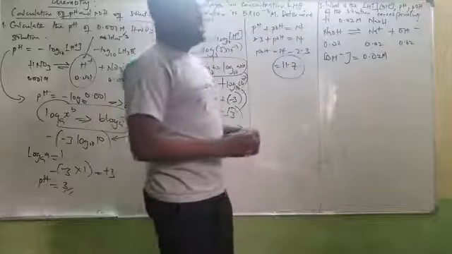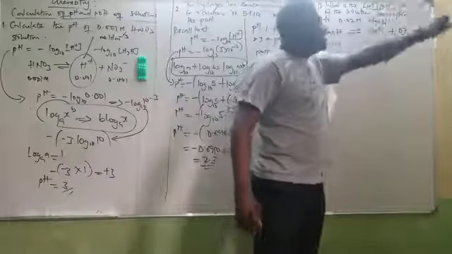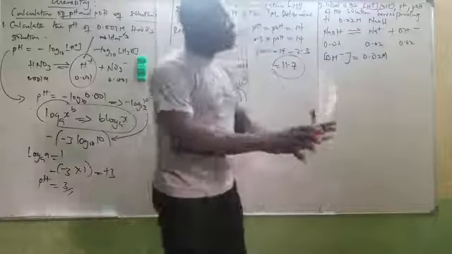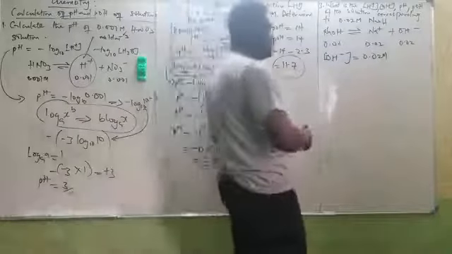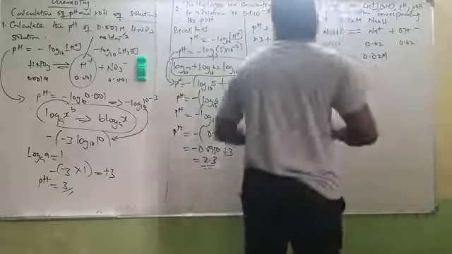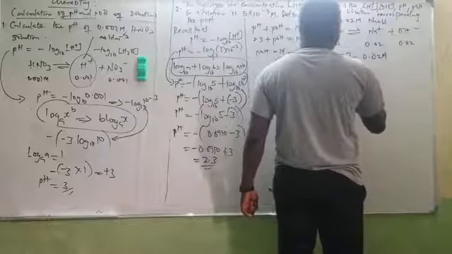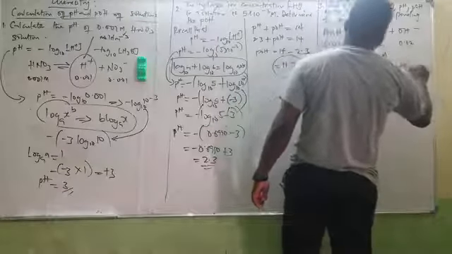Now, the beautiful thing about this question is you were told to find this, and this. Don't just rush into getting your pH. Don't just rush into getting your pOH. You need to start getting the answers from the beginning. So we've gotten this, and we are aware, as I said earlier, that our hydrogen ion concentration multiplied by our hydroxide ion concentration is equal to 10 raised to power minus 14.